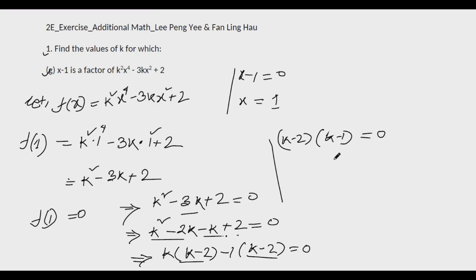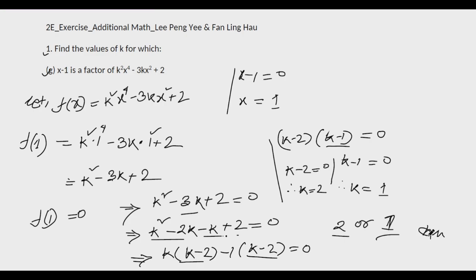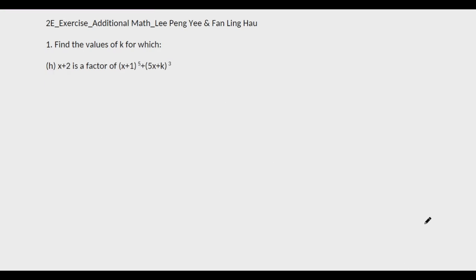So here k minus 2 is equal to 0, then k will be 2, and k minus 1 equal to 0, then k is equal to 1. So we have two answers: the value of k will be 2 or 1, and this is our final answer.